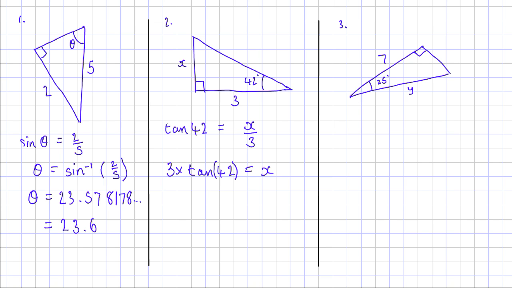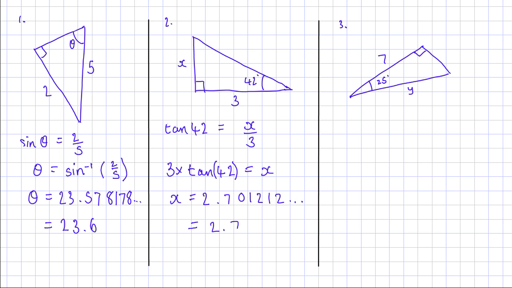So close that bracket, put that into your calculator, and you should get x is equal to 2.701212, and so on. And this to one decimal place would be x is equal to 2.7. So this length here is 2.7 to one decimal place.